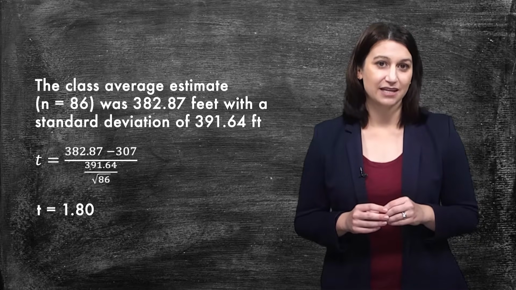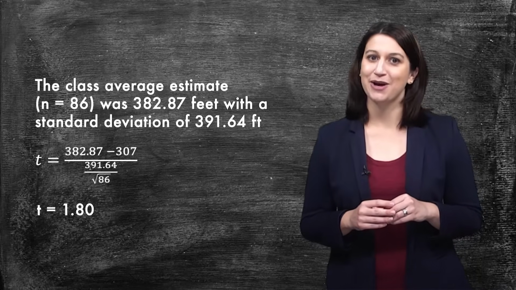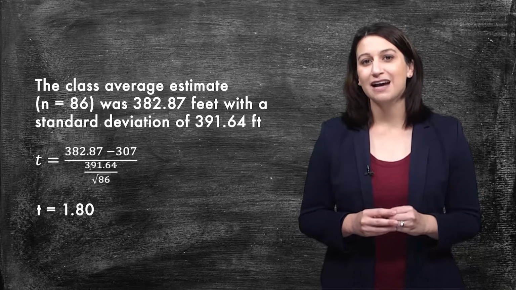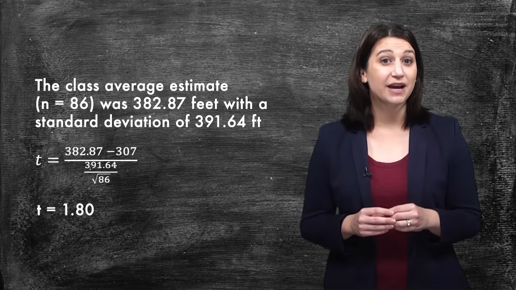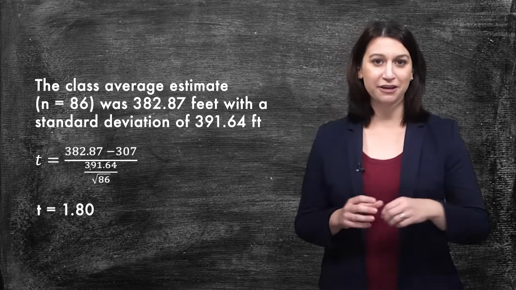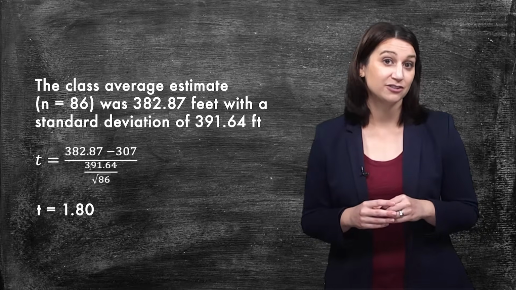Now we have to decide what that t-statistic tells us about the null and alternate hypothesis. When we do a hypothesis test, we will always have to make a decision about whether we find enough evidence to state that there is a statistically significant difference between our population mean and the value we are comparing to or not.